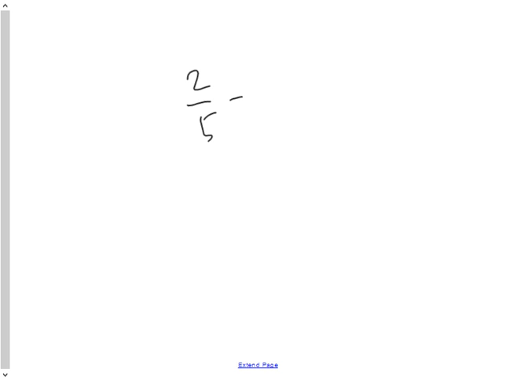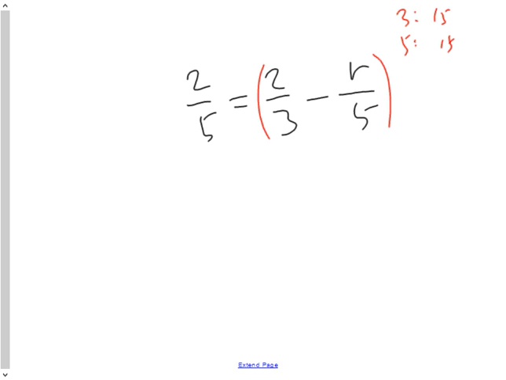2/5 is equal to 2/3 minus r over 5. Now, for some of you, you might want to subtract 2/3 from both sides, and that is acceptable. If you want to subtract 2/3 from both sides to get rid of that fraction coefficient, by all means do so. But I think by now you realize that any equation that has a fraction in it, if you make it larger on both sides by a factor of whatever the common multiple of the denominators is, in this case, 3 and 5 would have 15 as their first shared multiple.